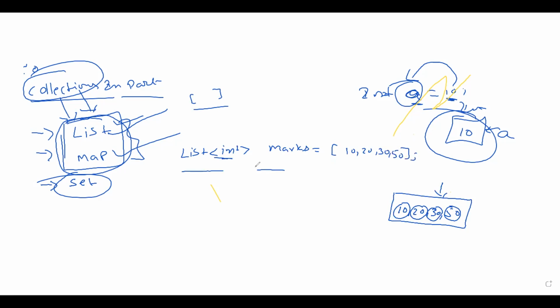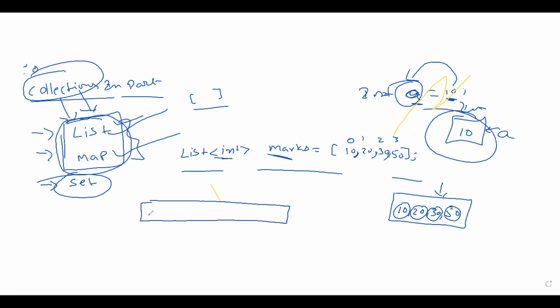Okay, this is one collection. In the marks, how many items are there? Four items. Each item is separated by a comma. Each object is separated by a comma. The values are stored with index 0, 1, 2, 3. Clear? An array should be like this.